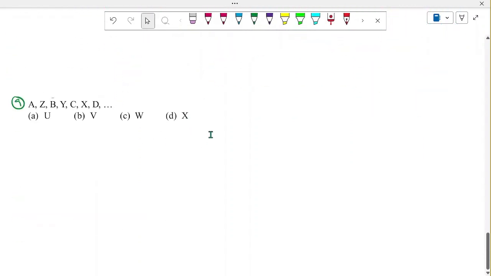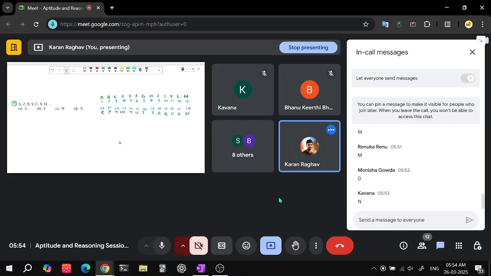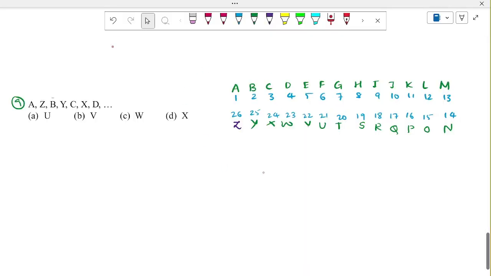You just try to solve this one. So the answer is W. Okay, all have answered W. We'll see how it is W. Just try to observe.